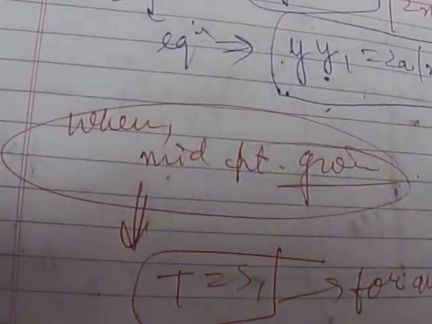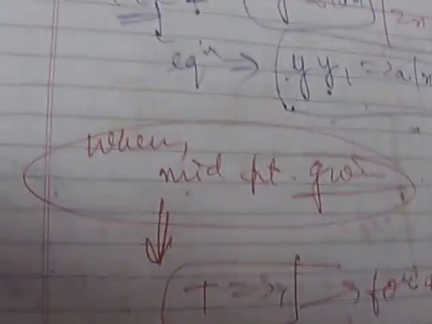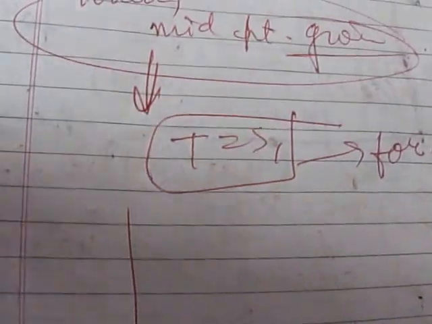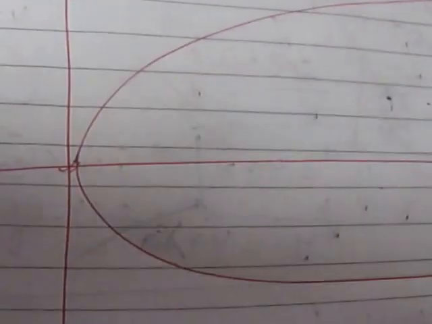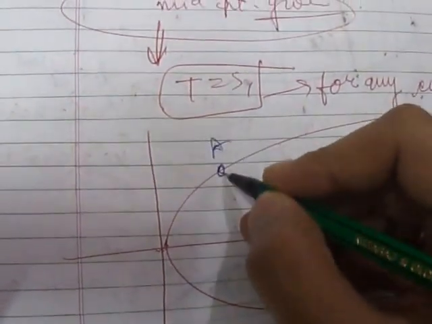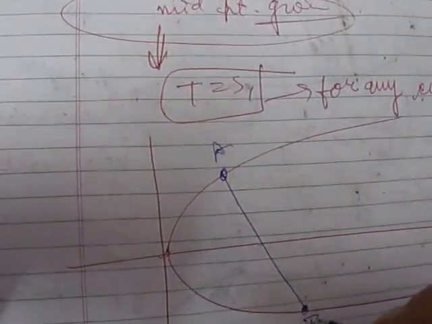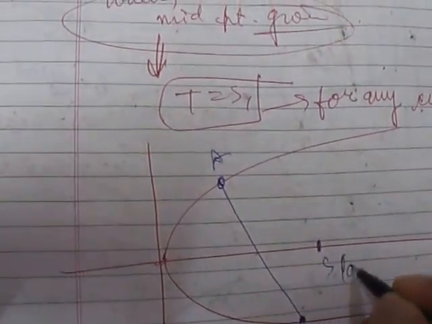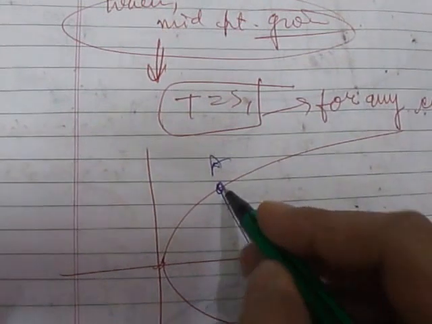Now the equation of a chord joining two points on a parabola. This is the parabola, and this is point A joining point B. This is a chord, with focus S at a comma 0.